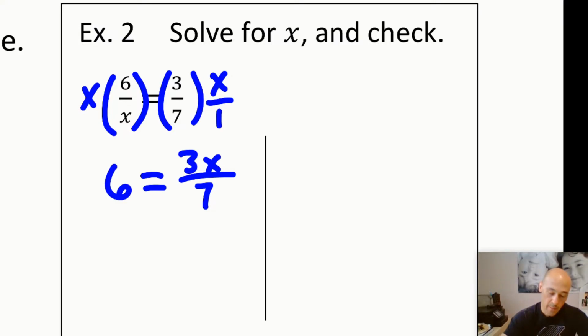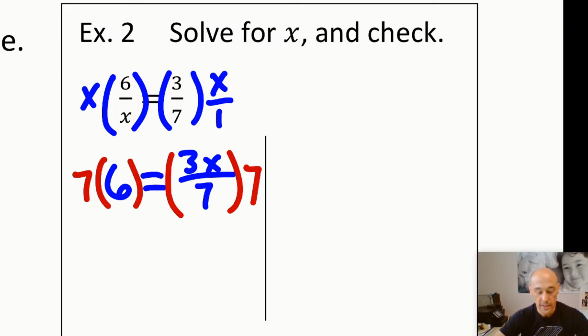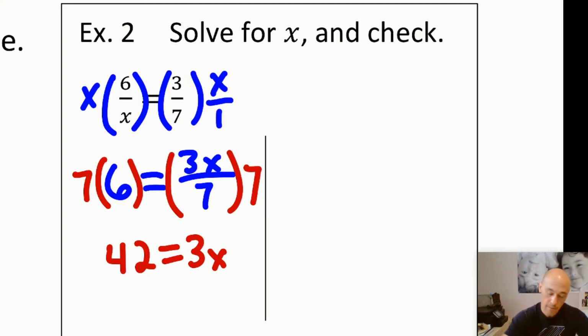Now our next step is to get this 3x term by itself. Well, right now it's being divided by 7. The inverse operation of dividing by 7 is multiplying by 7. So we multiply both sides by 7. 7 times 6 is 42. And over here, this 7 and 7 make a 1, so we're just left with 3x.